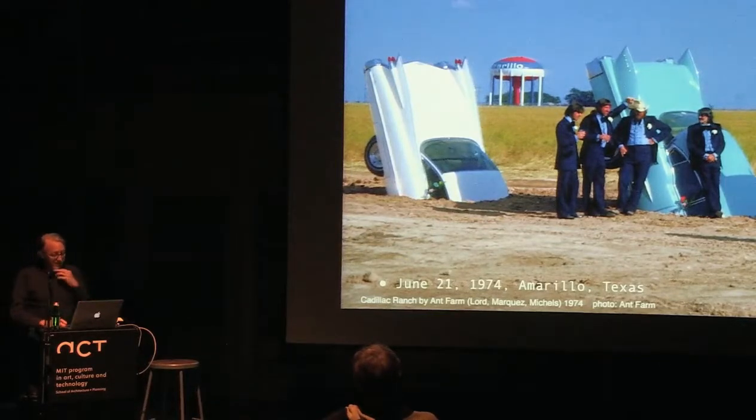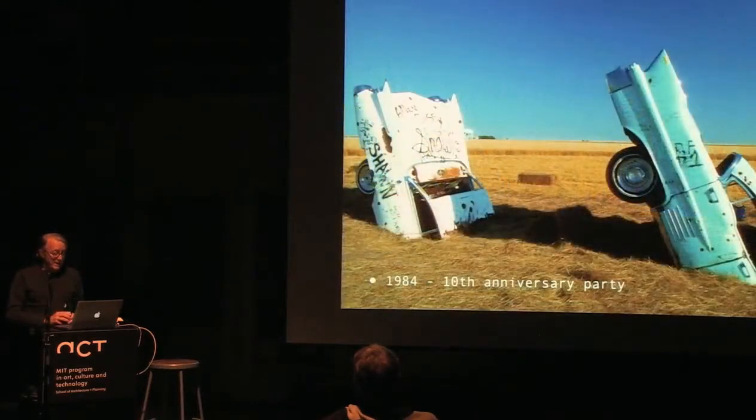And this shot is from the opening party, June 21st, 1974. And there was a party also in 1984. It's kind of interesting that it's an unsigned public artwork. It's accessible because you can pull off the Interstate 40 and walk out to it.